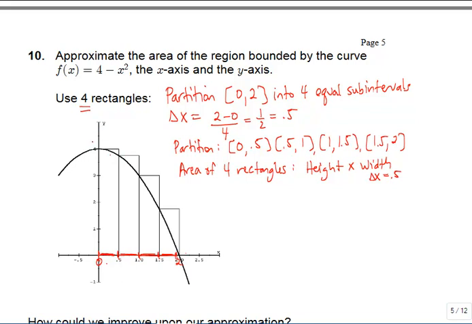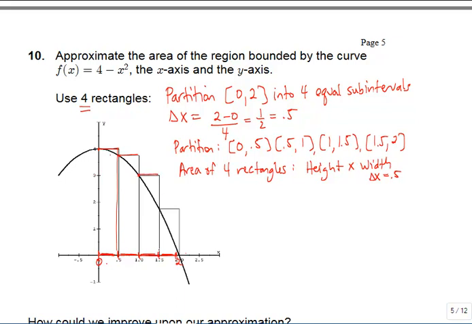Notice this first rectangle goes up to a height of 4, and that's how high my rectangle is. The next one only goes up as high as however the function is at a half, and then it cuts across. And then the third rectangle goes up however high the function is at 1, which happens to be 3, and cuts across.